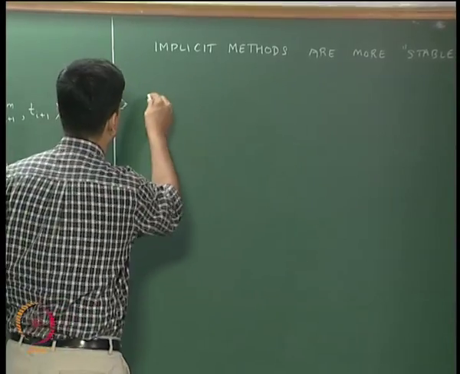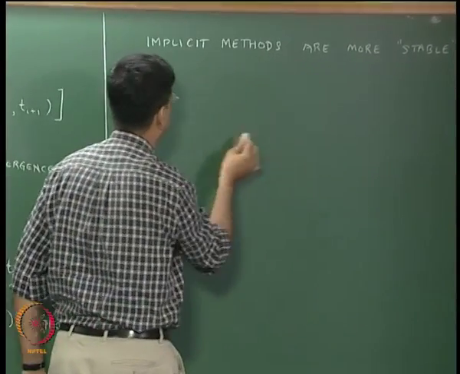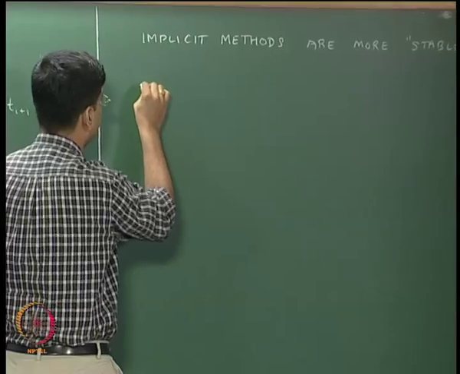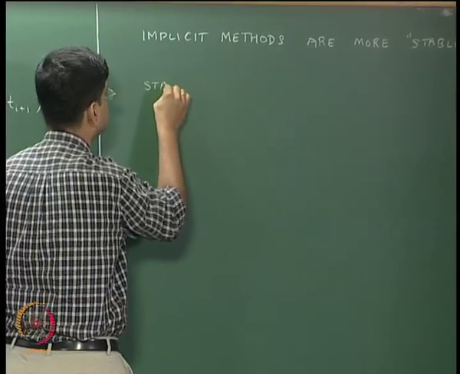Okay. So what I have said over here is implicit methods are more stable. We are investigating what it means by stability.